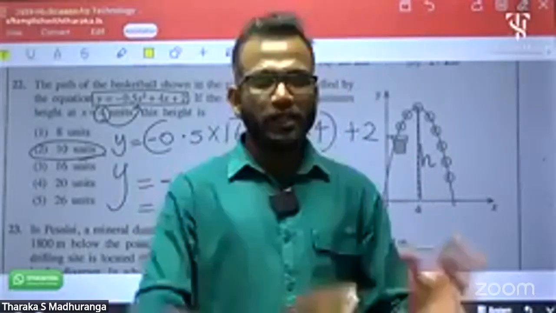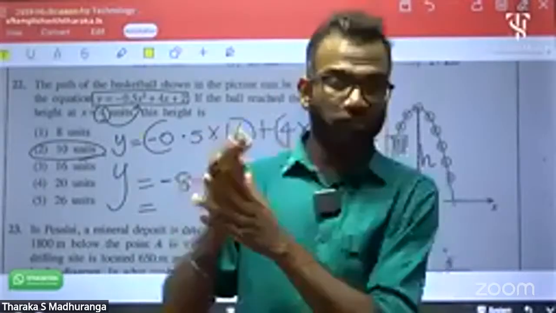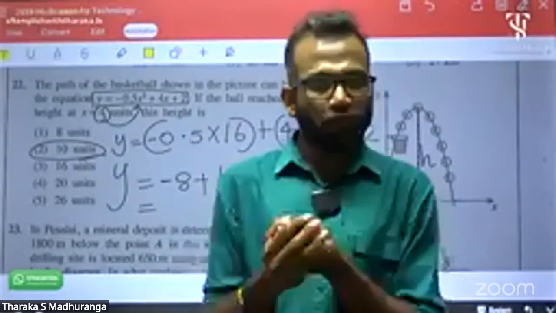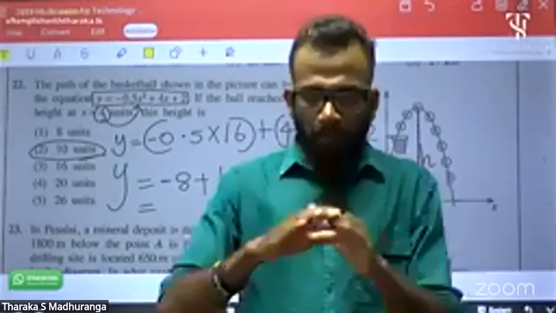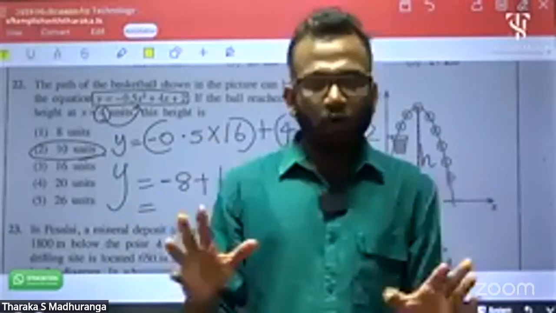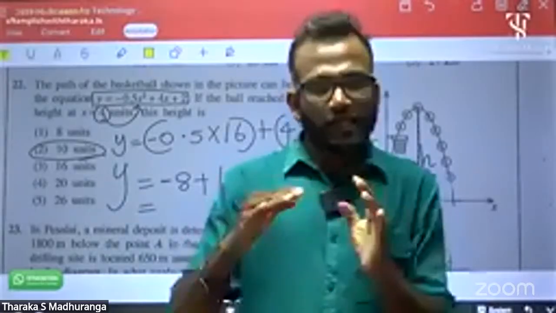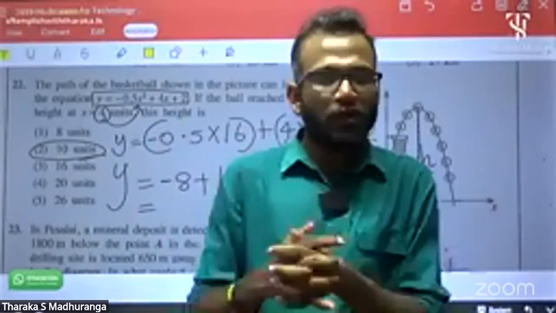Coordinate geometry is complete. You can find more questions in past papers and complete all the work in the coordinate geometry lesson. Then you can be easily ready for our next lesson.